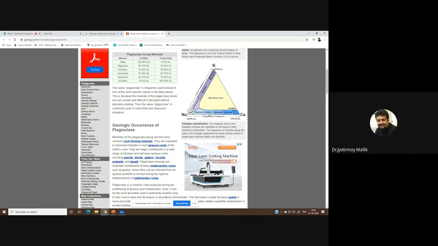Similarly, oligoclase, andesine, labradorite, bytownite, and anorthite. 100% calcium is anorthite. So you can see any percentage of sodium and calcium is possible in here. Similarly, any percentage of sodium and potassium is possible in this solid solution. And this is what we call the miscibility gap, because the calcium to potassium solid solution series is not present in nature.